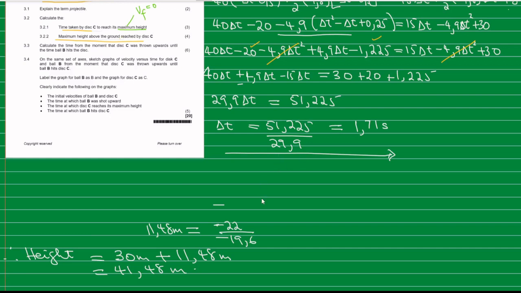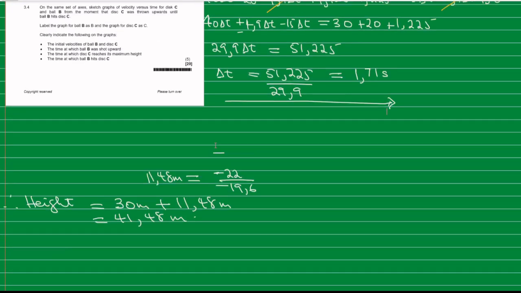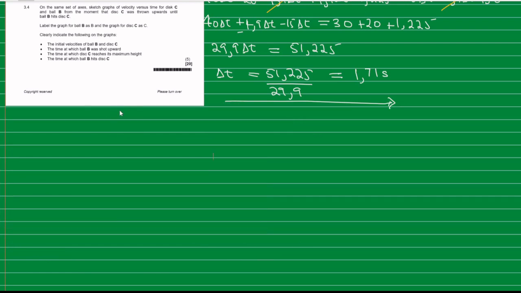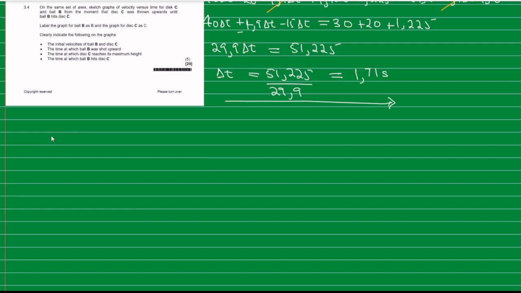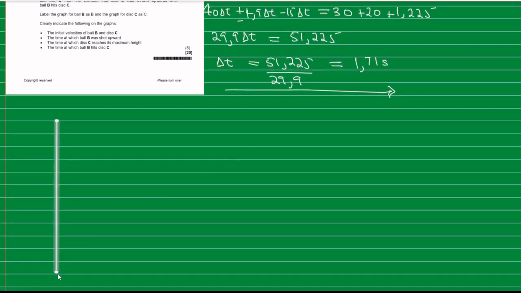So now we are going to sketch here. Now to sketch, let's put in some lines here. We are going to have our vertical line to represent the vertical axis, okay? Right. So our velocity, this is a velocity time graph.